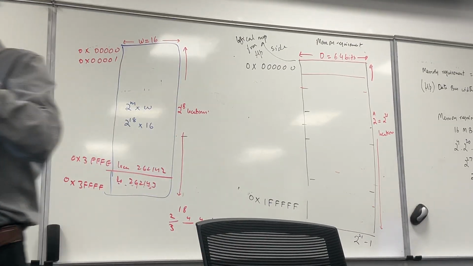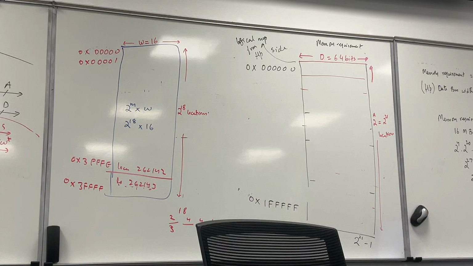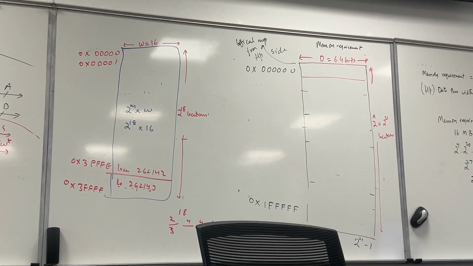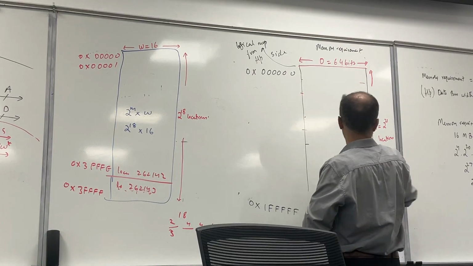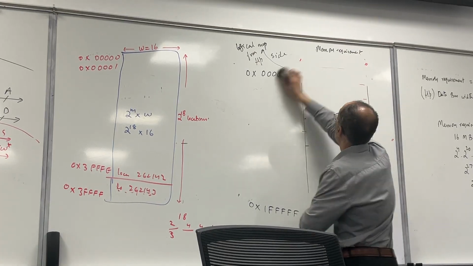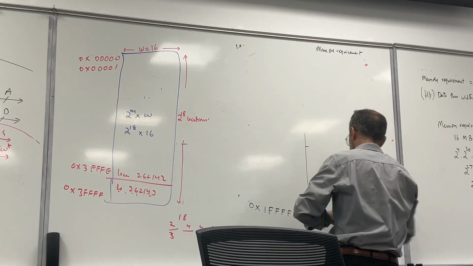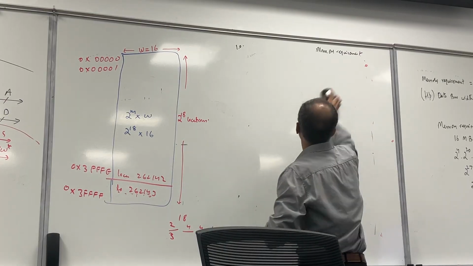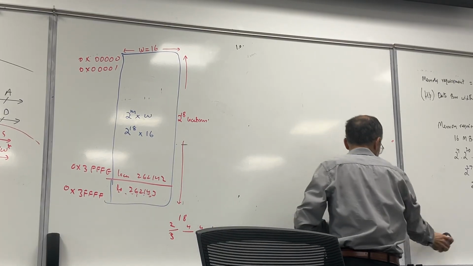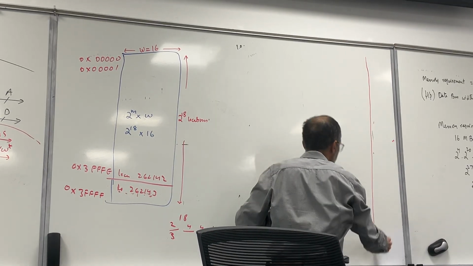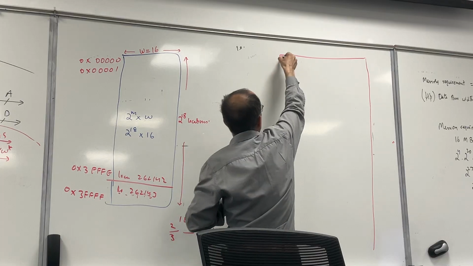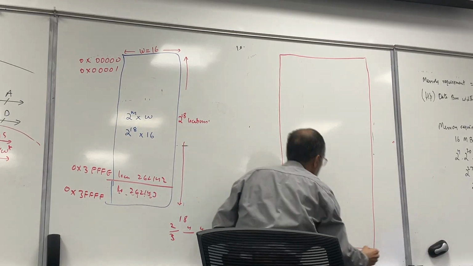Now what we are going to do: how many rows are required? 8 rows. Can we logically partition this? I'm going to draw it again, and there is a reason for that. I'm going to draw this main memory map again because I'm going to draw a big one.